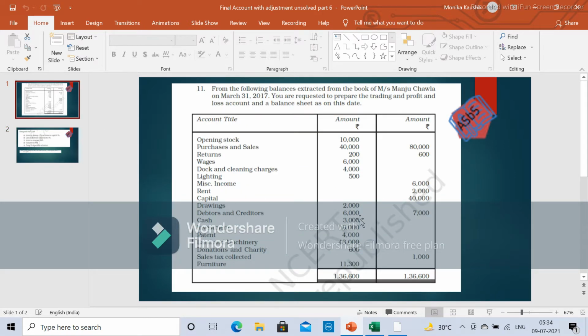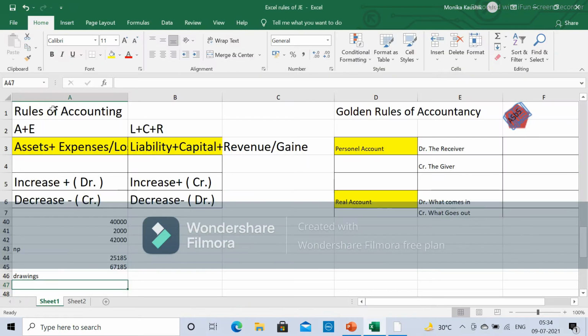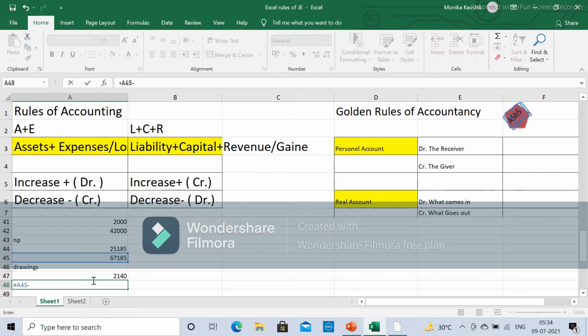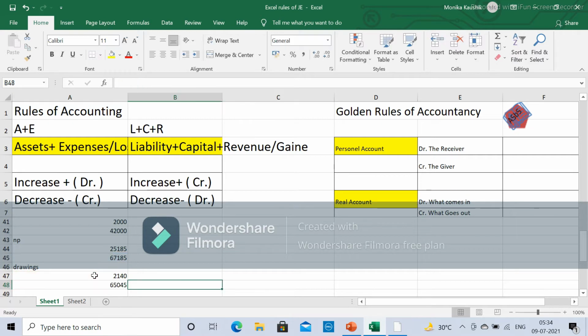So drawings amount is 2,000, 7% means 140. So 2,140 I'll have to deduct. This is the drawings plus interest on drawings. Now I am deducting this minus this. Now this portion is coming here, 65,045. All the calculations have been done now.